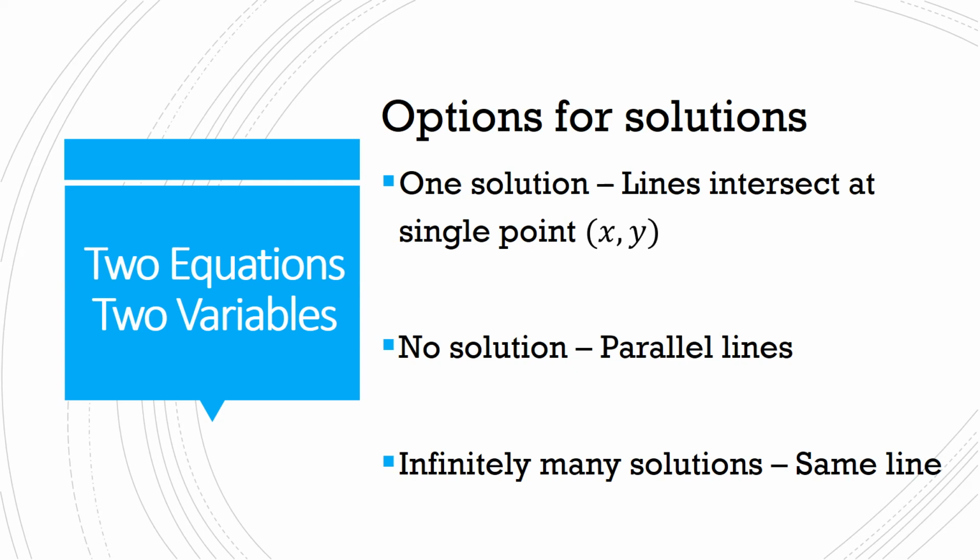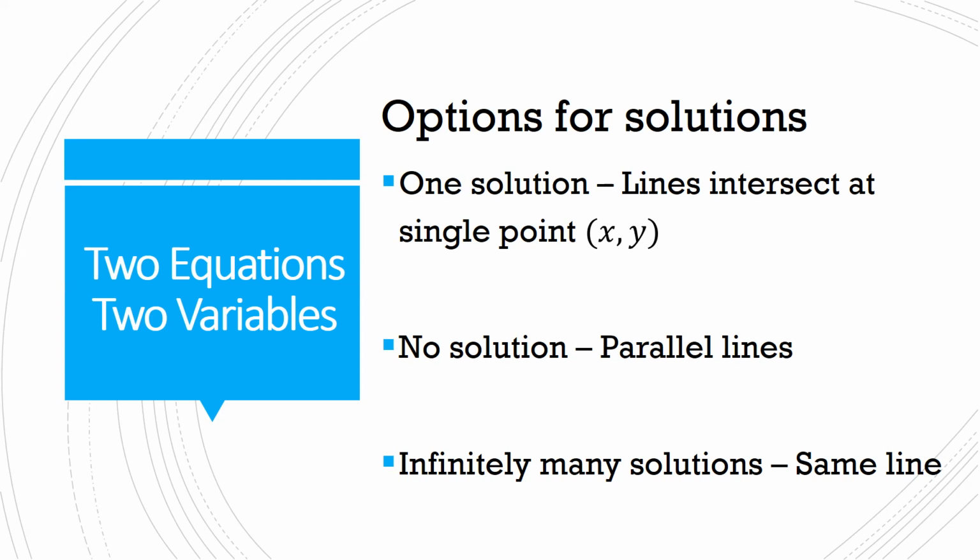And then it's also possible if we were given two equations with two variables, that those two equations are actually the same line. And if that is the case, then there are infinitely many solutions to our system of linear equations.